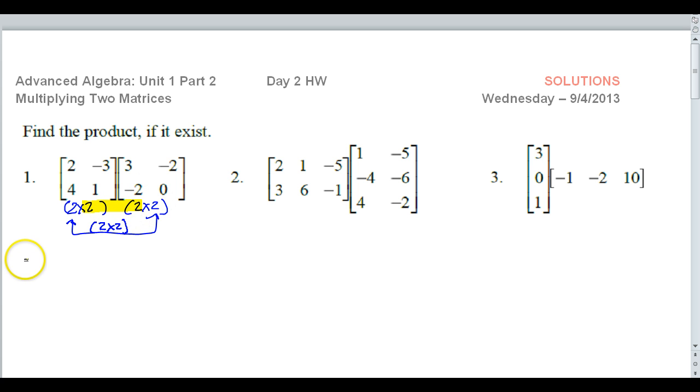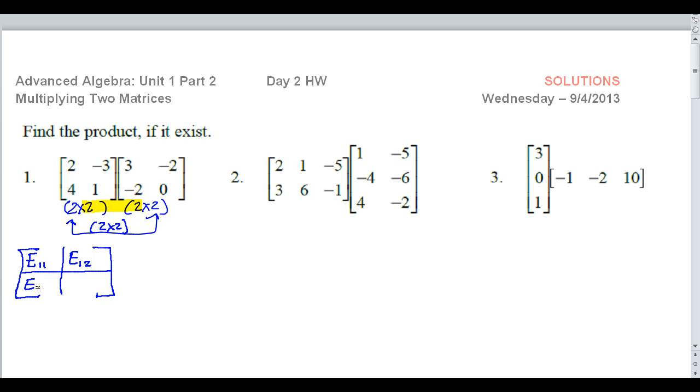So when I organize my thoughts, I'm picturing a 2 by 2 matrix like this. This is going to be element 1, 1, because this is first row, first column. This is element 1, 2, first row, second column.